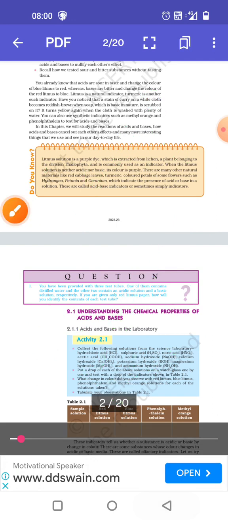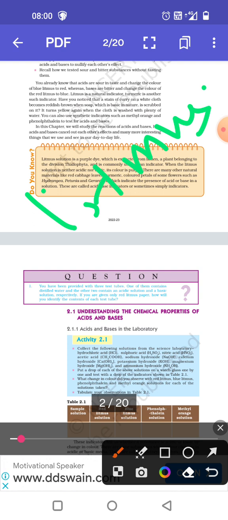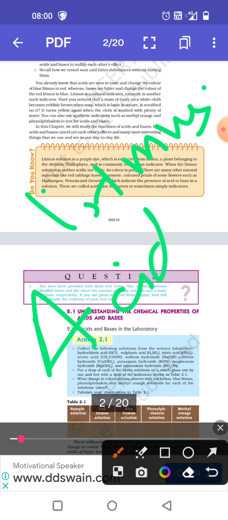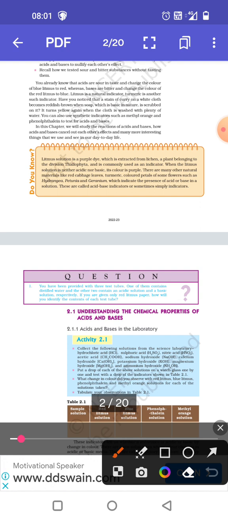Then how can you distinguish between acid and base? We can experiment with litmus paper. An acid solution turns blue litmus red. Remember, an acid solution turns blue litmus red. We can say that it is an acid. Likewise, a base solution turns red litmus blue.